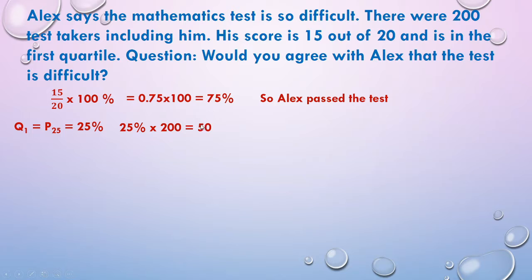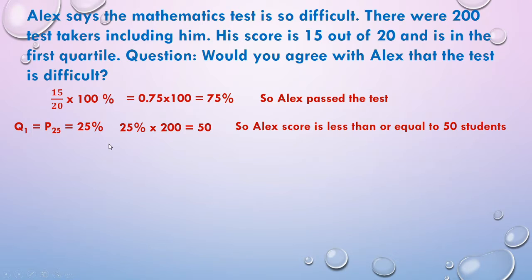Paano natin i-interpret ito? Since nasa first quartile lang score ni Alex, ibig sabihin niyan, Alex score is less than or equal to 50 students. Ilan na estudyante? 200.